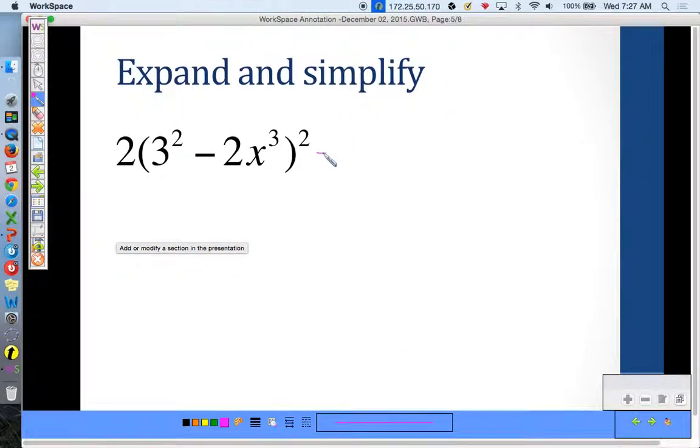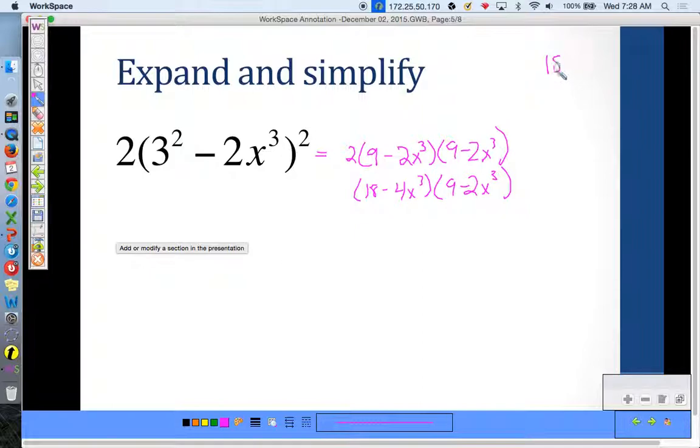So our next one, we have to write this out twice here. So 3 squared, we know that's 9, minus 2x cubed, so 9 minus 2x cubed. Maybe we'll distribute this 2 first, so it becomes 18 minus 4x cubed times 9 minus 2x cubed.